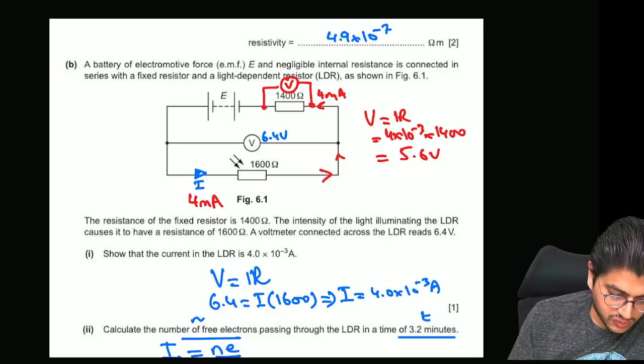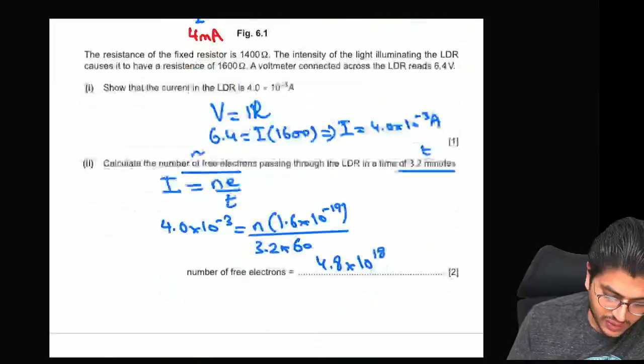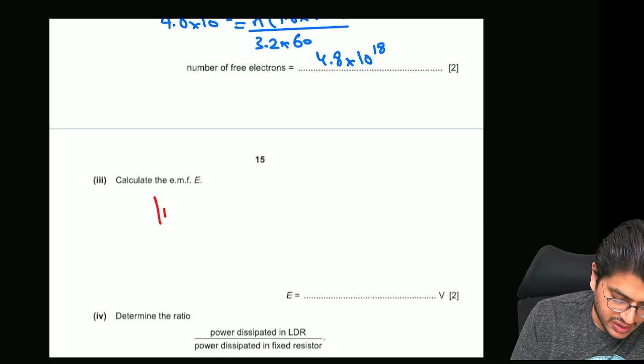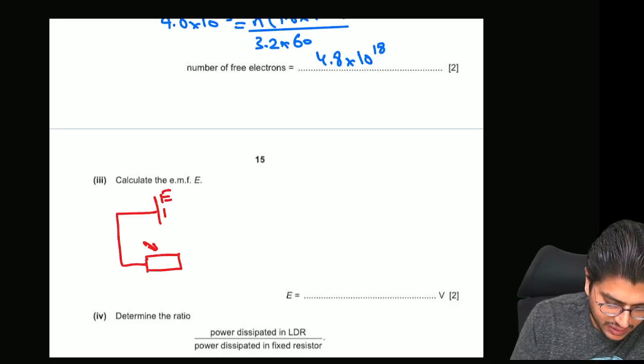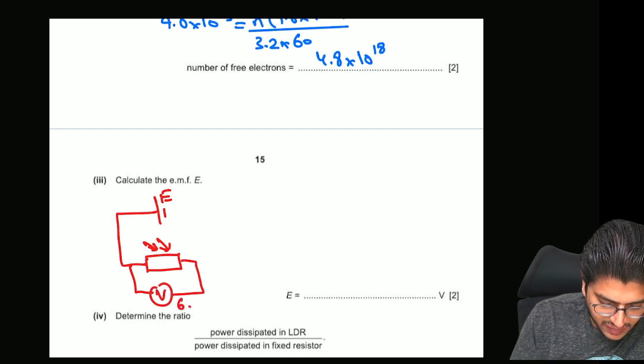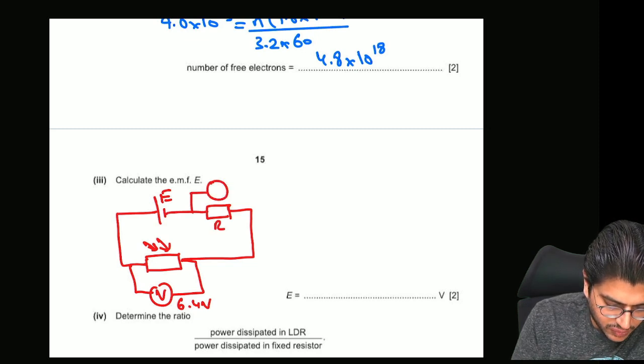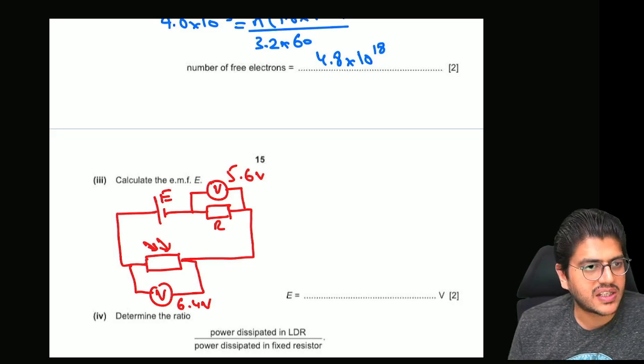So try to understand it this way. This is a cell of EMF E. This is the LDR across which your voltage drop was 6.4 volts. Next, you had a fixed resistor over here. The voltage drop across this resistor was 5.6 volts. So what is the EMF of the cell?